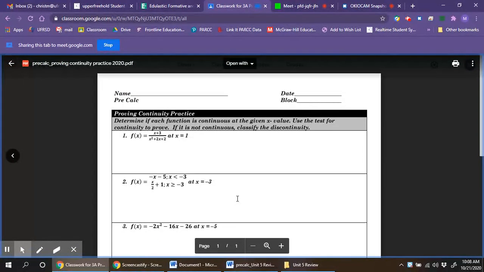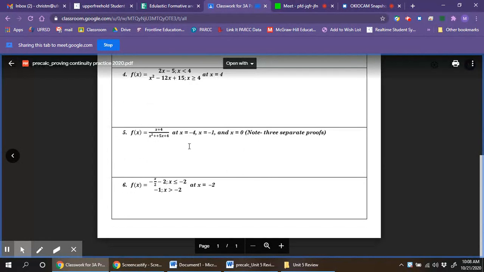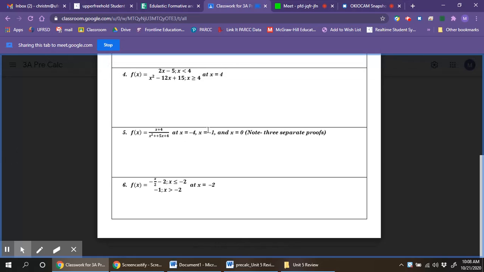Okay, so it's 6 problems. Just note that number 5, it's asking you to do 3 separate proofs. It says x equals -4, x equals -1, and x equals 0. They're all just using the same function, so it's basically 3 separate problems. You just use the same equation each time.